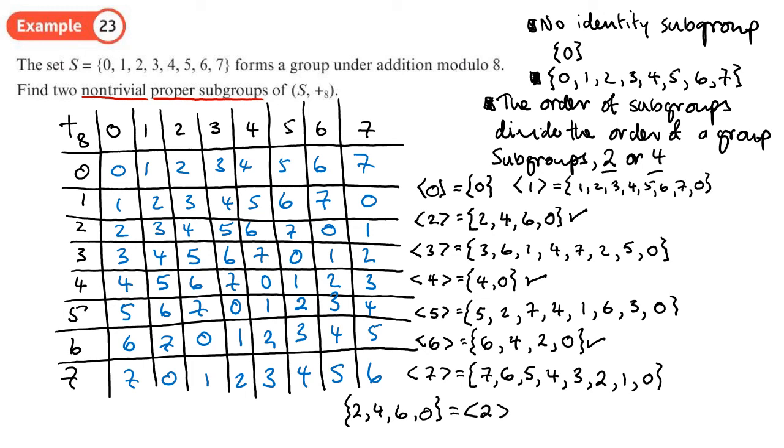And then we have the other subgroup 6, 4, 2, 0, and that has a generator of 6. And then lastly we have that subgroup of 2 elements, which has a generator of 4. So notice that the order of the subgroups divides the order of the main group here.